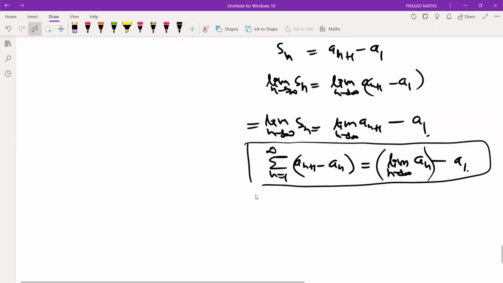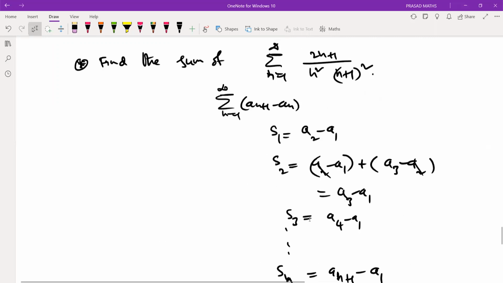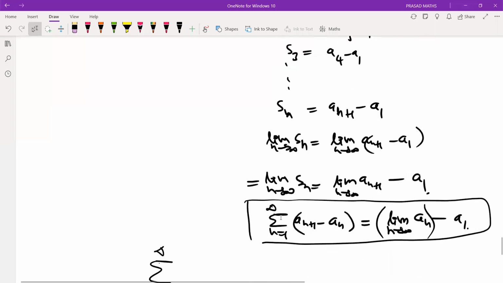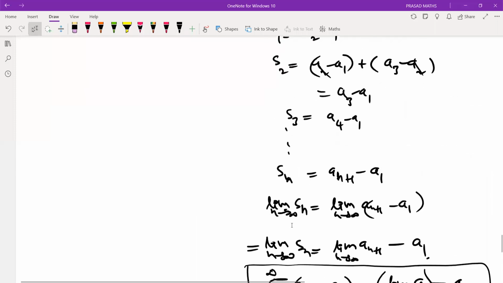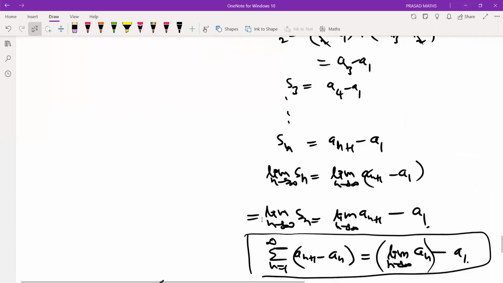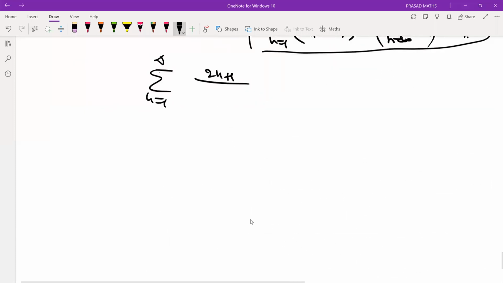So what is your problem here? Summation n equals 1 to infinity of (2n plus 1) by n square into (n plus 1) whole square. First, you need to convert the problem into the telescopic form, using partial fractions. Suppose you take n equals 0.